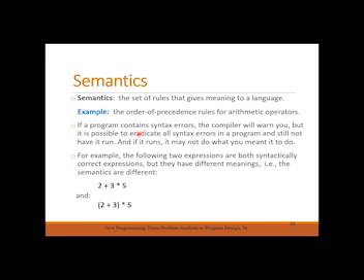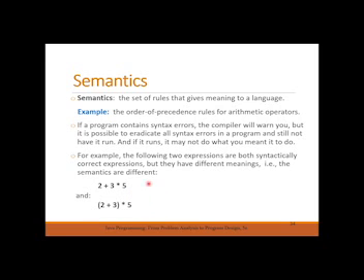Pero yung semantics, pwede kasing tama ang semantics mo, tama ang syntax mo, pero mali yung semantics mo. Ito po yung example. Okay? 2 + 3 * 5 at saka (2 + 3) * 5 are both syntactically correct, pero semantically wrong.